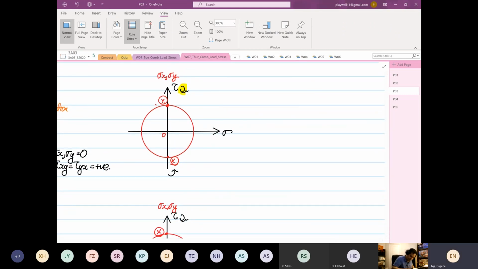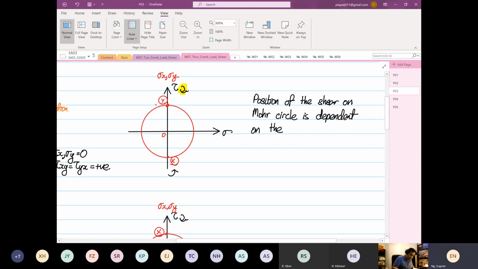The position of the shear on Mohr circle is dependent on the rotation of the what?